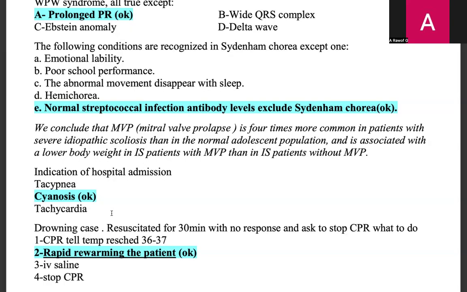We conclude that mitral valve prolapse is 4 times more common in patients with severe idiopathic scoliosis than in the normal adolescent population, and is associated with lower body weight in idiopathic scoliosis patients with MVP compared to those without MVP.